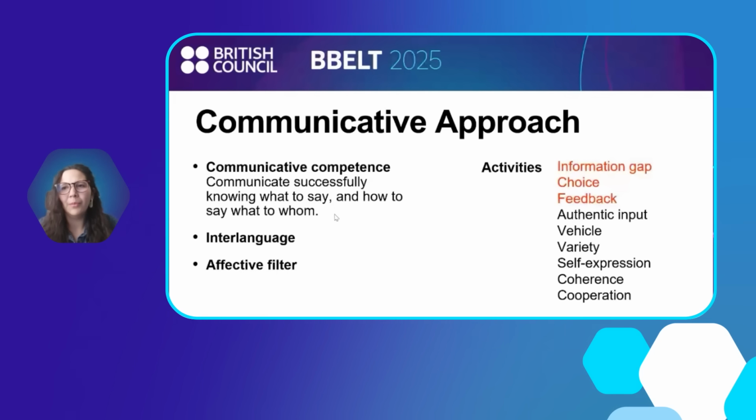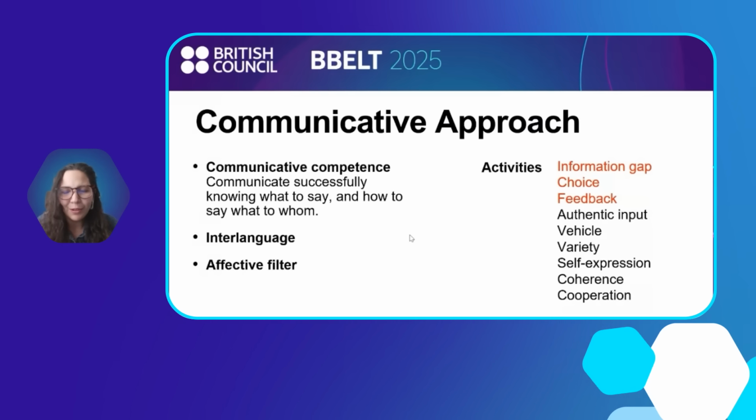The communicative competence has some subdivisions, but right now we won't take a look at them because the two aspects that are relevant to this presentation are these two: interlanguage and the affective filter. Interlanguage is the language that learners develop in between starting to learn a language and achieving the competence.